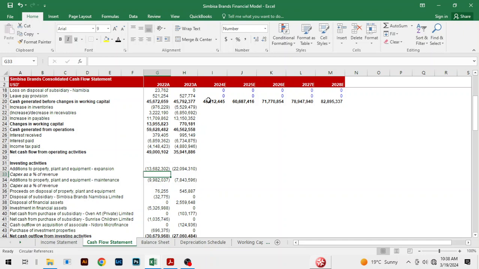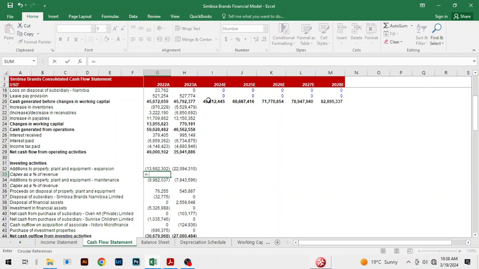In other investing activities, you need to project capex, and you will be done. But for the purpose of just showing you how to build a financial model quickly, I'll complete up to the debt schedule so that you have an appreciation, even if you are required to build a financial model of a certain institution or of a private company. That will also help you a lot.